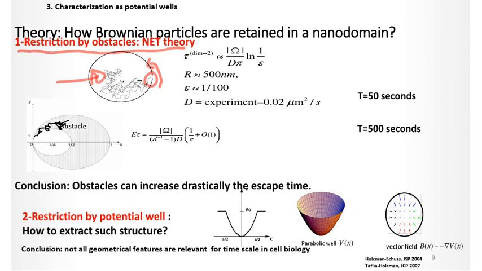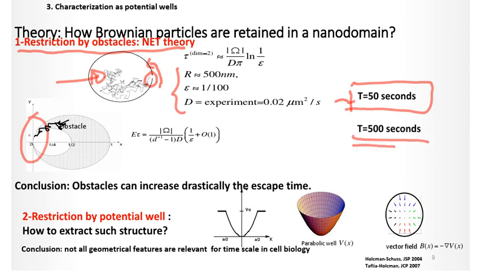Using the classical formula and the associated diffusion coefficient, this can lead to a time of about a few seconds. Here it's about a minute to escape. And if obstacles are positioned in between the entrance and the rest of the domain, the time can increase.